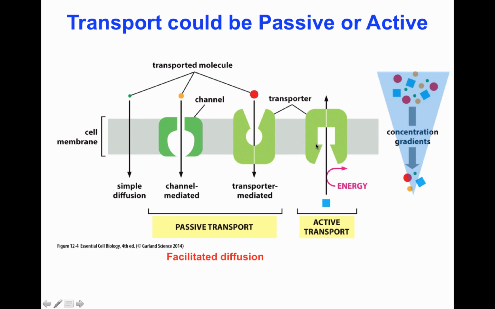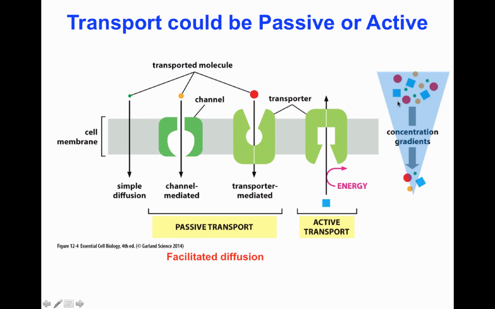Now, what I'm showing in this slide are the different types of transport according to concentration gradients. On the right, in the figure, I modified it slightly by adding a triangle that is pointing down to the inside.